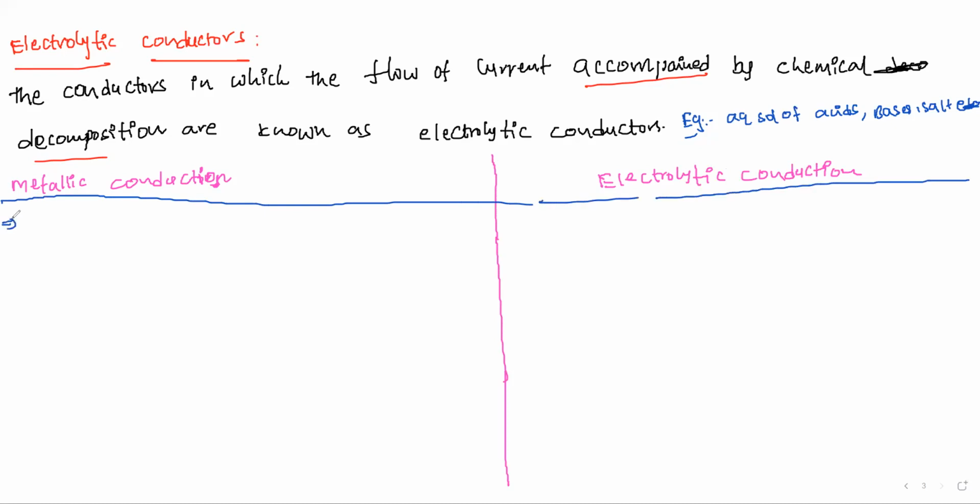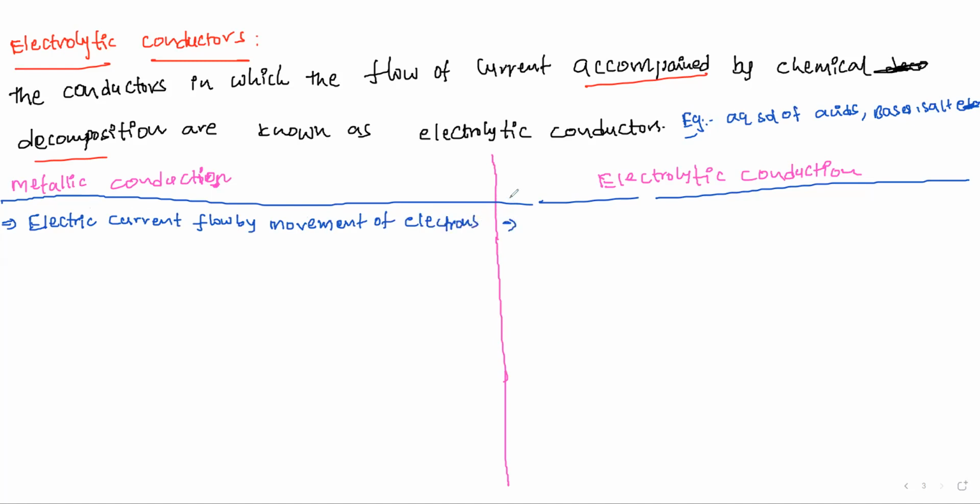In metallic conduction, electric current flows by movement of electrons.